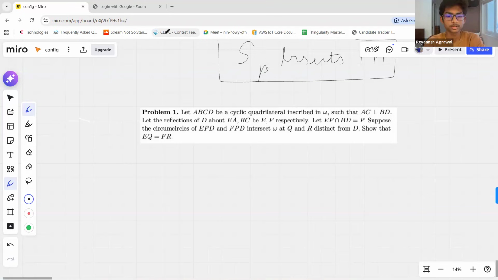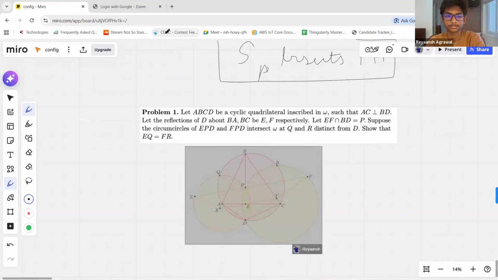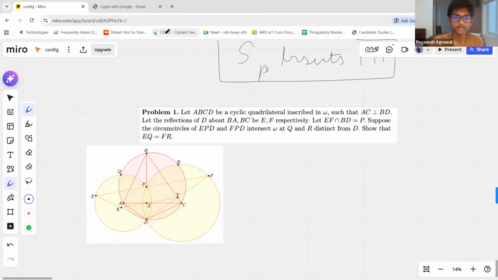I'll just put up a picture because I cannot draw. Give me 1 minute. So I just put up a computer generated picture because I cannot draw, and this will allow us to see all the details in the diagram immediately.